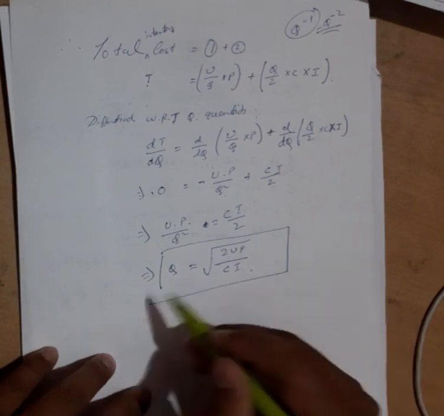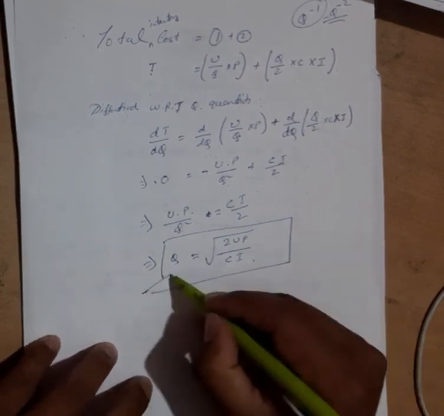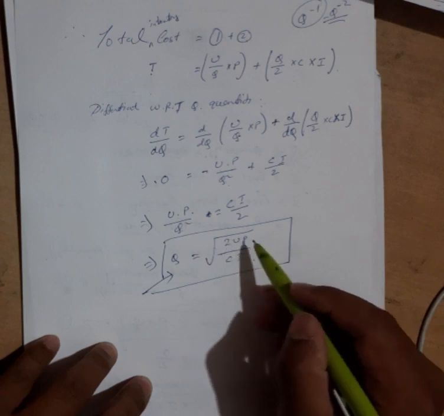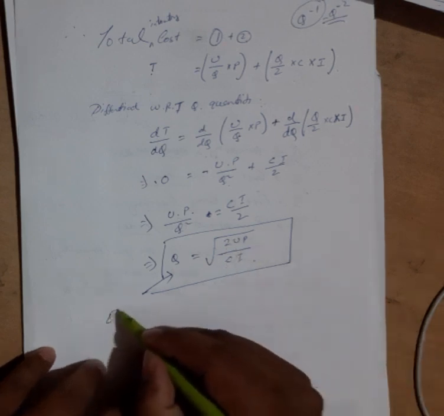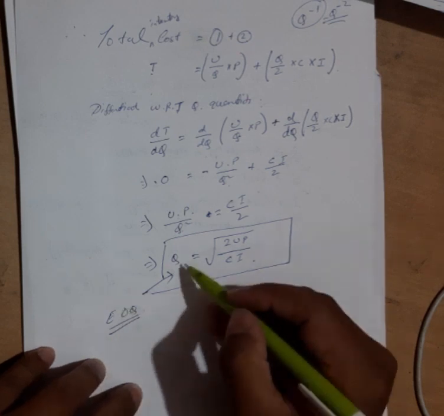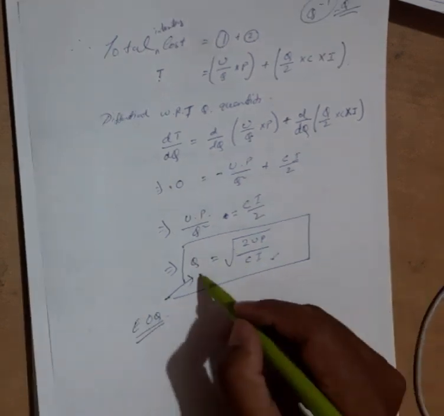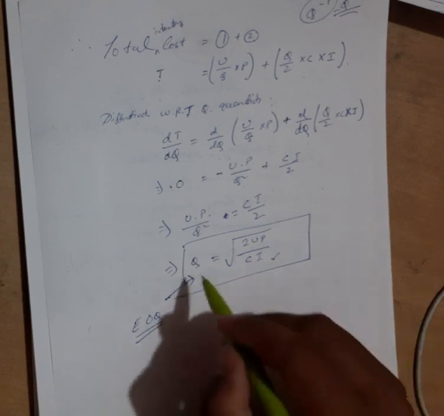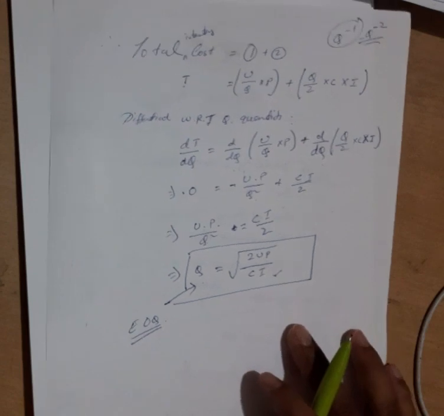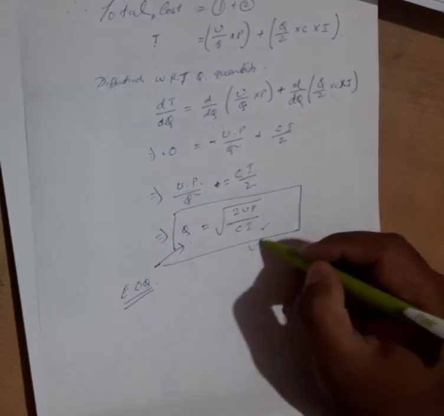So, we have got an expression where we can say that Q is the root over 2UP by CI. What is E? It is EOQ, economic order quantity. Now you can say Q, or EOQ, is equal to root over 2UP by CI. So this is how we have derived it.